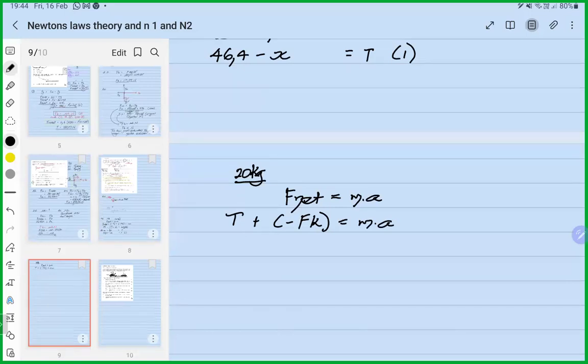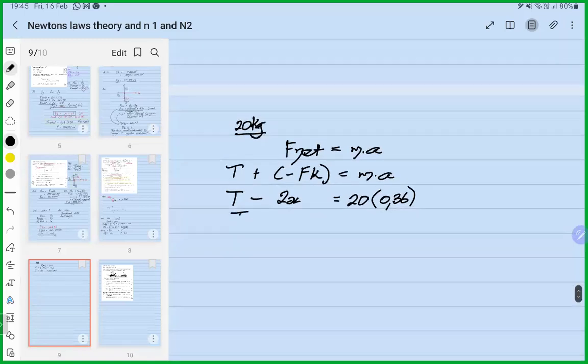We don't know the tension. We call the kinetic friction here 2x, and we need to solve for that. And that's going to be 20 multiplied by 0.36 here. That was the acceleration. So T here is going to be 20 times 0.36, 7.2. Please double check that for me. Plus 2x. Yes, sir. So there's your second equation.